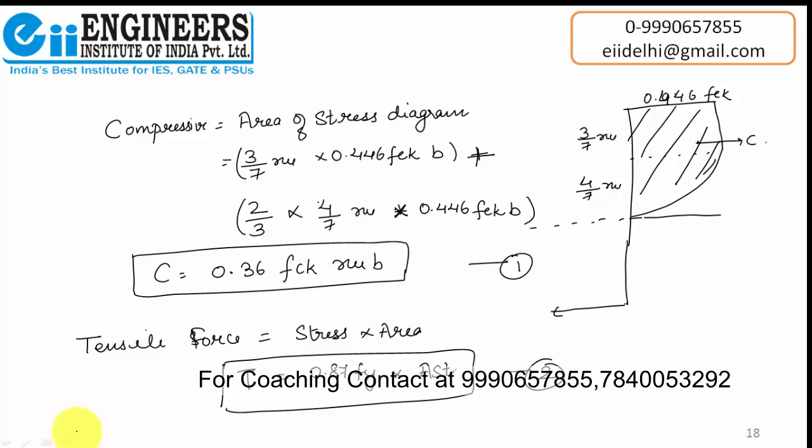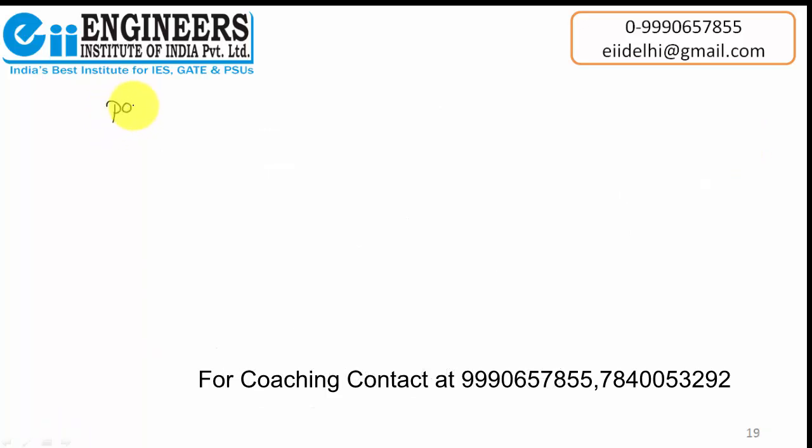Now, the next thing is, at what distance from here is the compressive force acting? We should know at what distance this compressive force is acting. So, we have a rectangle, we have a parabola, we just need to find the CG of this force. How do we find it? Now, the next thing we need to find is the position of the compressive force, or we can say the position of C. Okay.